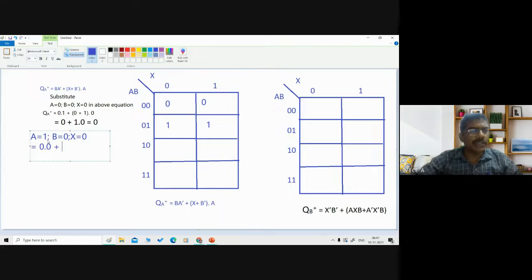The first portion becomes 0, and X value is 0, plus B dash: B equal to 0, B dash equal to 1, into A value is 1. Therefore, you will get 0 plus 0 plus 1 equal to 1 into 1. Therefore, 0 plus 1 equal to 1. So I can put here this value is 1.